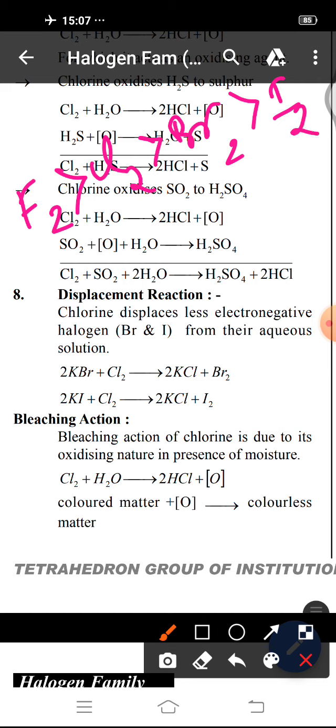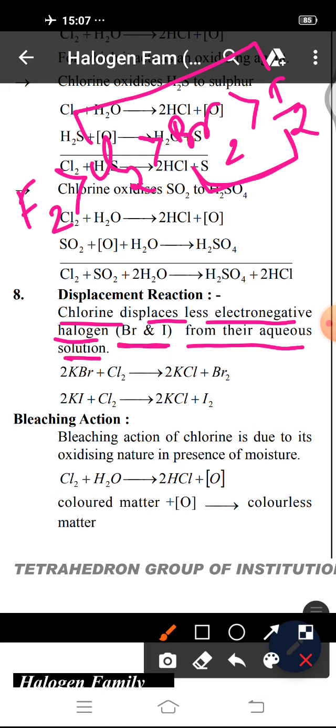That means fluorine can displace all the other 3 halogens. Chlorine can displace bromine and iodine. So chlorine can displace the less electronegative halogens, that is bromine and iodine, from their aqueous solution.